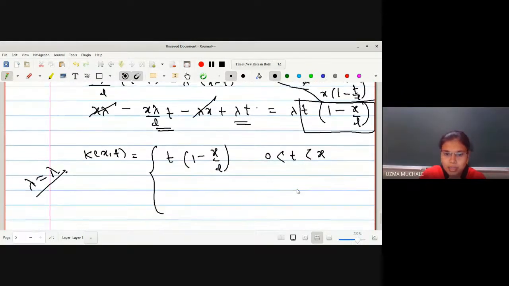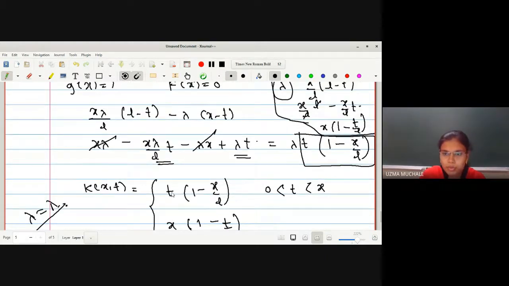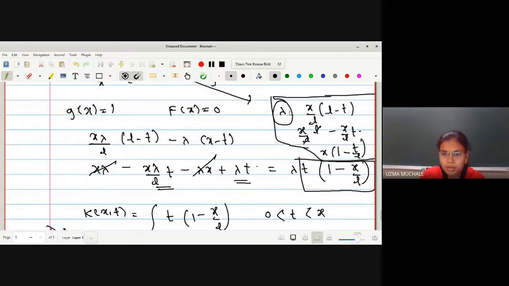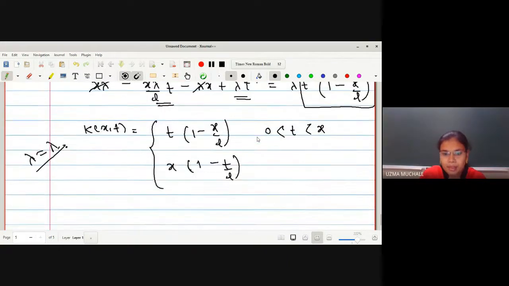And in the next interval, we have x into 1 minus t upon L. Lambda of this term is also outside, we have kept it outside already. This will be within the limit x to L. So in this way, we have solved one example.